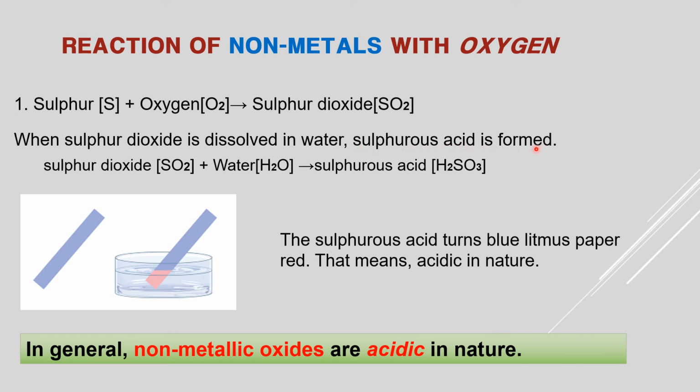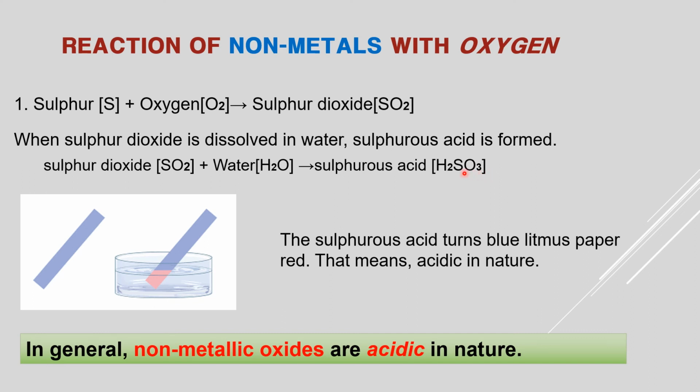So see the chemical reaction. Sulfur dioxide, that is SO2, reacts with water, that is H2O, to form sulfurous acid, that is H2SO3. Sulfuric acid is H2SO4. So this is sulfurous acid, that is H2SO3.